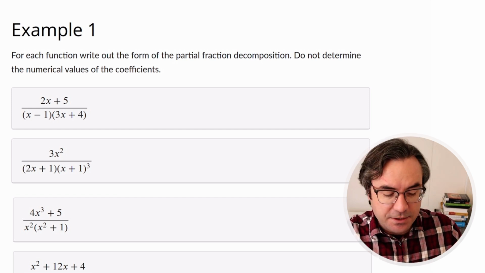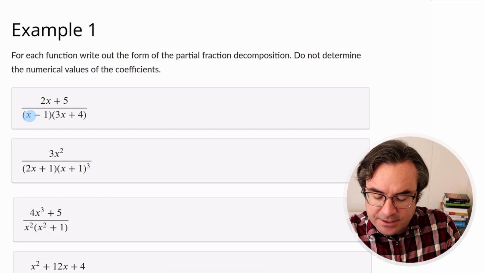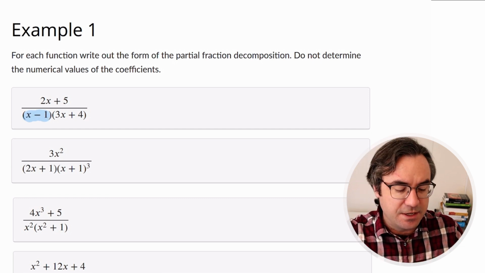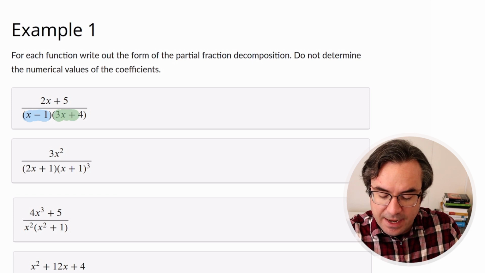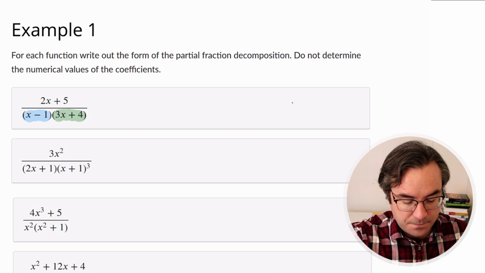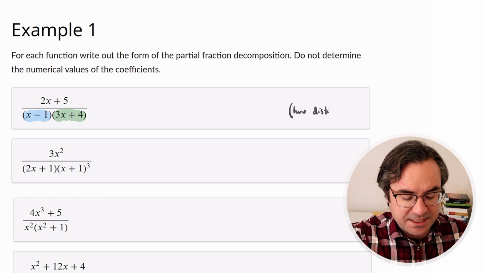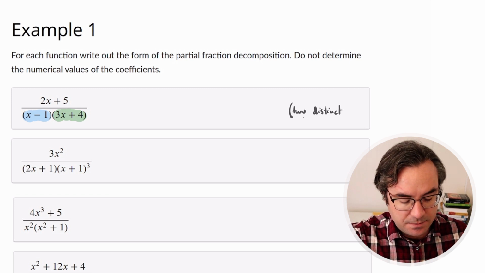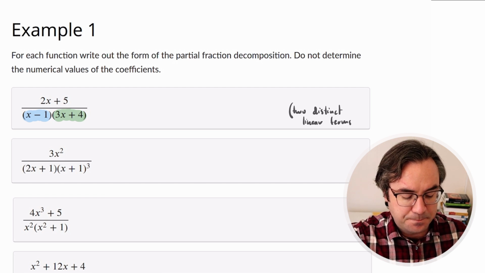All right, so we look at our denominator, and it's already factored for us, so that's nice. And we see that we have two linear terms, two distinct, they're different. We've got two distinct linear terms here.